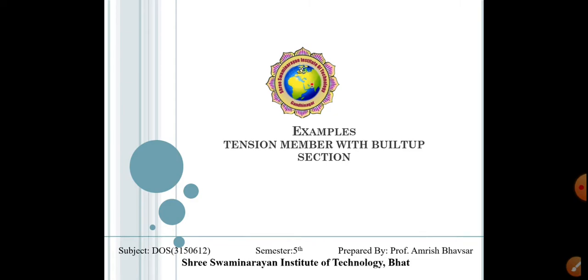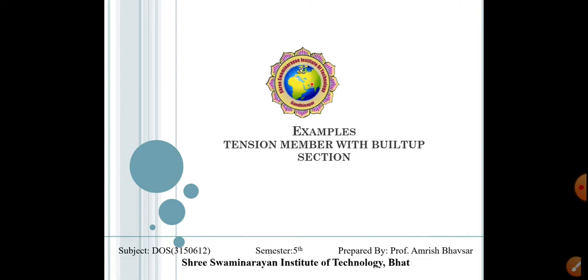Still I am going to repeat that whenever our section is made up from different members, that is known as the built up section. Like if we connect two angles to make one member, that is called a built up section. Taking three plates to make an I section, or two plates to make an angle section, all are known as a built up section.